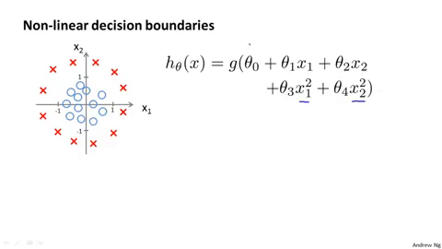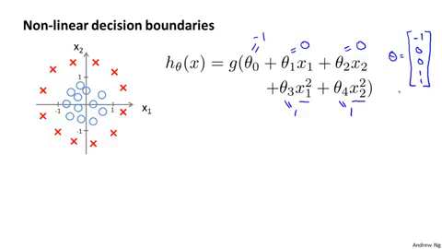But let's say that via a procedure to be specified, I end up choosing theta 0 equals -1, theta 1 equals 0, theta 2 equals 0, theta 3 equals 1, and theta 4 equals 1. What this means is that with this particular choice of parameters, my parameter vector theta looks like -1, 0, 0, 1, 1.